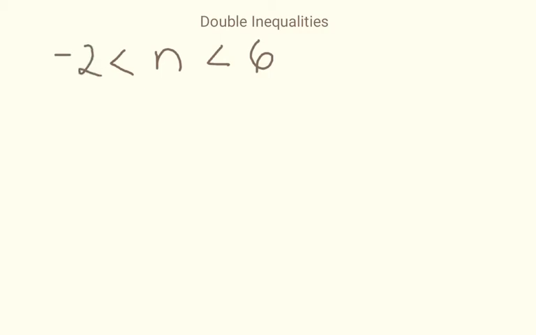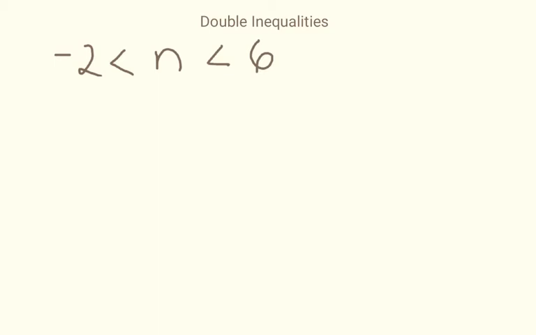So you can read this statement in the following way: negative 2 is less than n, and n is less than 6. When you have double inequalities, these symbols must be the same. You wouldn't put a less than symbol here and a greater than symbol here. It wouldn't make sense if you tried to graph it.